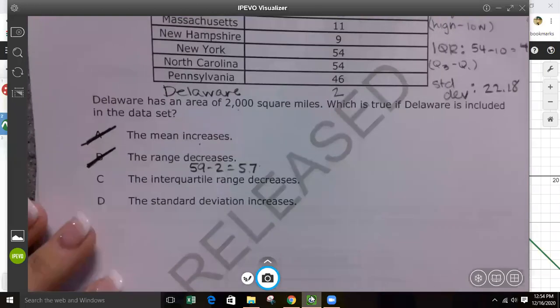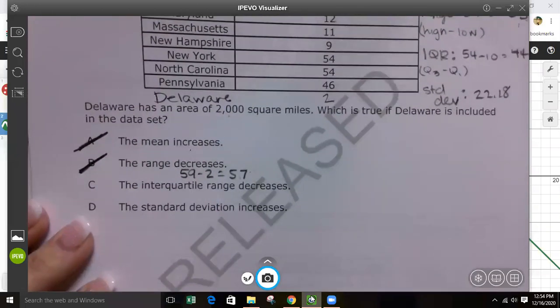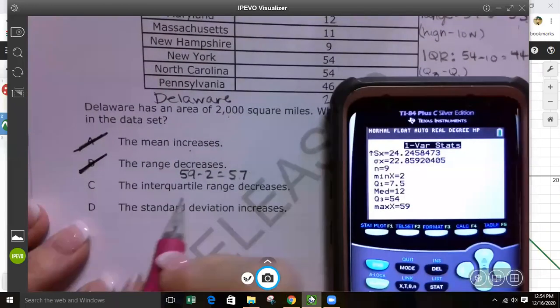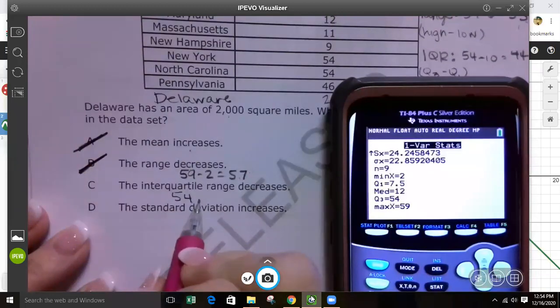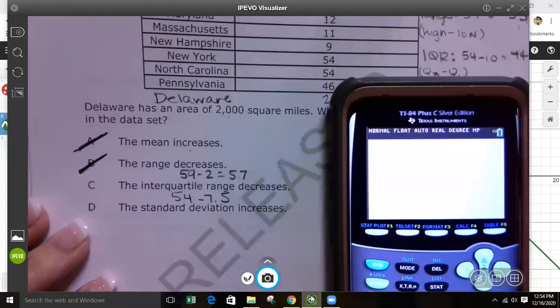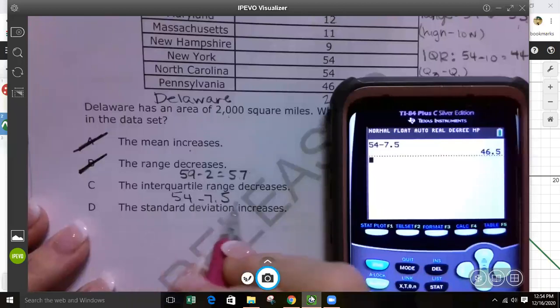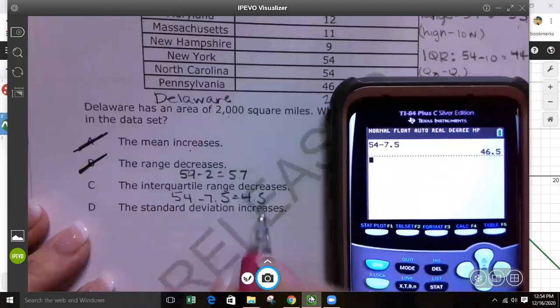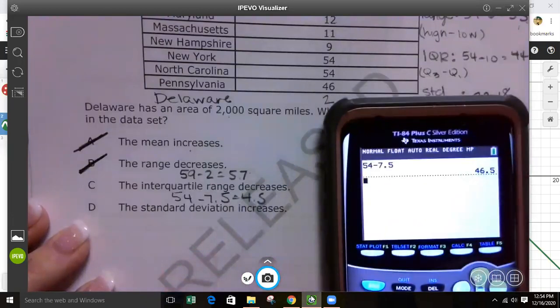All right. The interquartile range, remember, was Q3 minus Q1. So our Q3 is 54. Our Q1 is 7.5. You can use your calculator on this. 54 minus 7.5. What did we get? 46.5. We had 44. We're at 46.5.